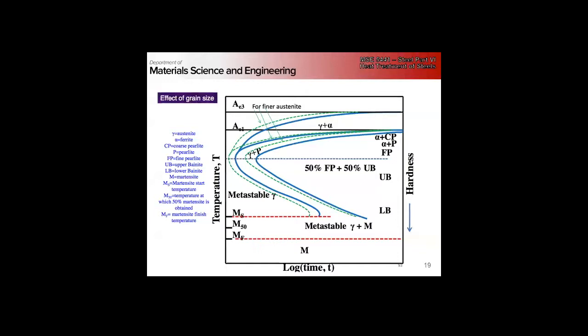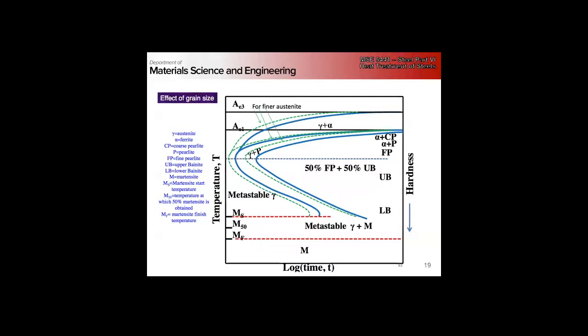And if you have a heterogeneous austenite structure, if you have a nice uniform grain size versus one where you have a wide distribution of grain sizes, what do you think is going to happen to the curve? For heterogeneous, it's actually going to widen, right?